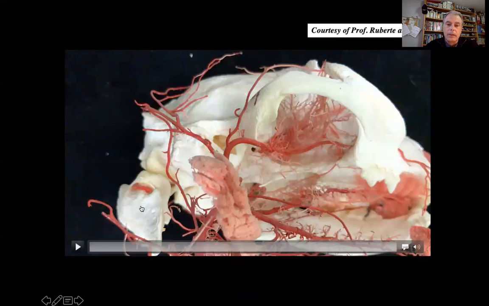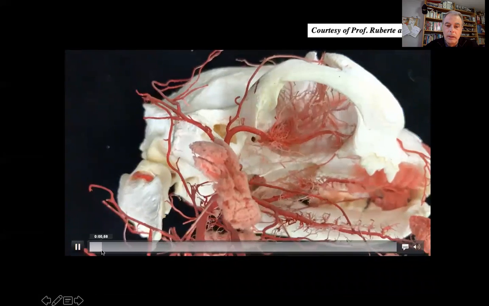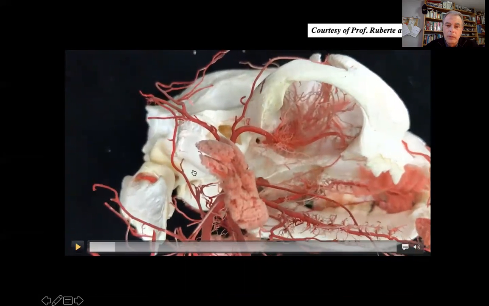Okay, so in this video, I want to focus on this artery, that is the internal carotid artery as a branch of the occipital artery. And this is the ascending pharyngeal artery. Both occipital and ascending pharyngeal arteries are branches of the occipito-ascending pharyngeal artery.